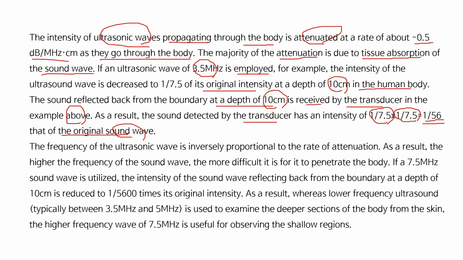This shows the absorption when the ultrasound wave goes through the body 10 centimeters, and this attenuation of 1 over 7.5 is the absorption by tissue molecules for the wave coming from the tissue back to the transducer.